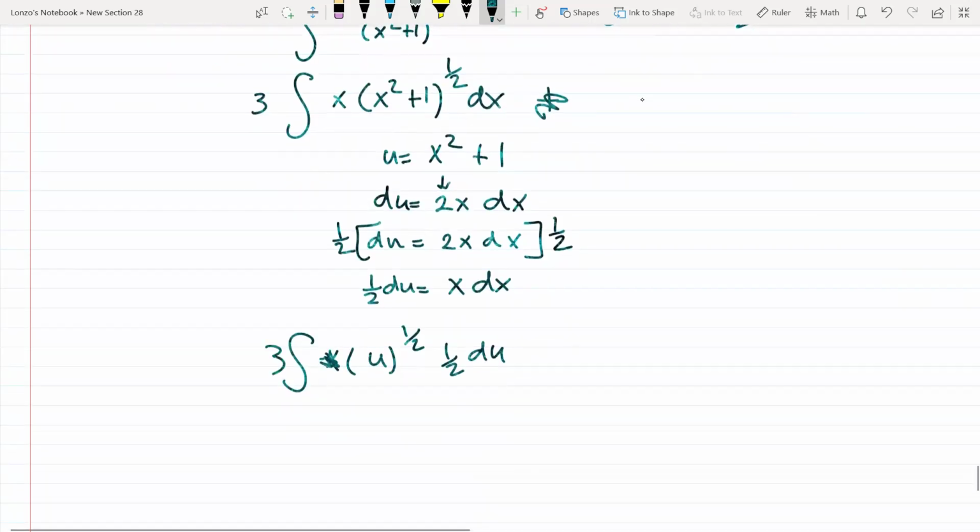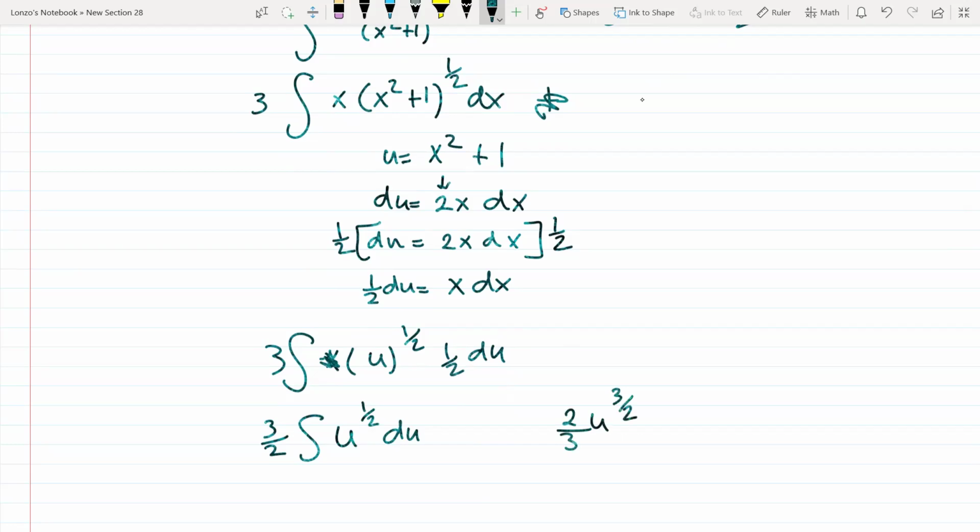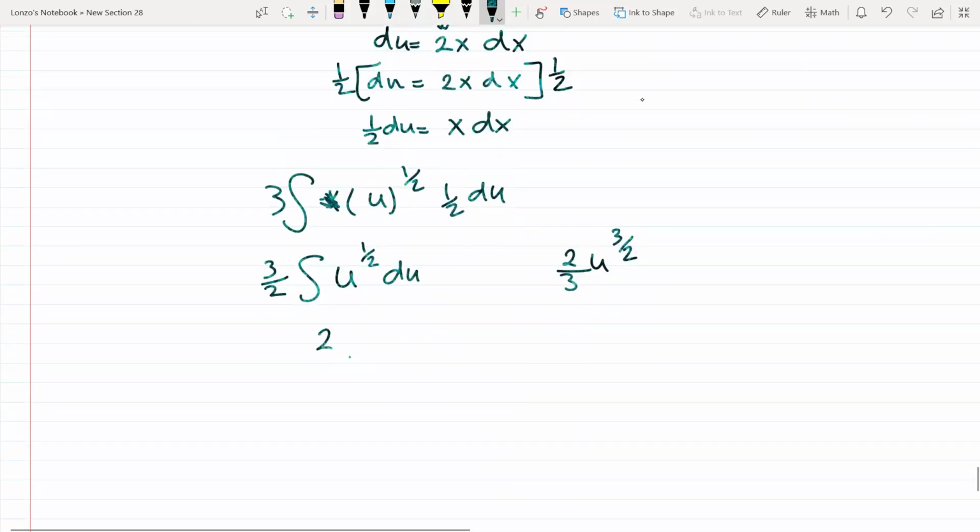And then there's a 3. So this is 3 times 1/2, which is 3 over 2. And then the integration of u to the 1/2 du. Okay, so what is the integration of u to the 1/2? It is 2/3 u to the 3/2, right? So it's 2/3, and then our u is, what is our u?